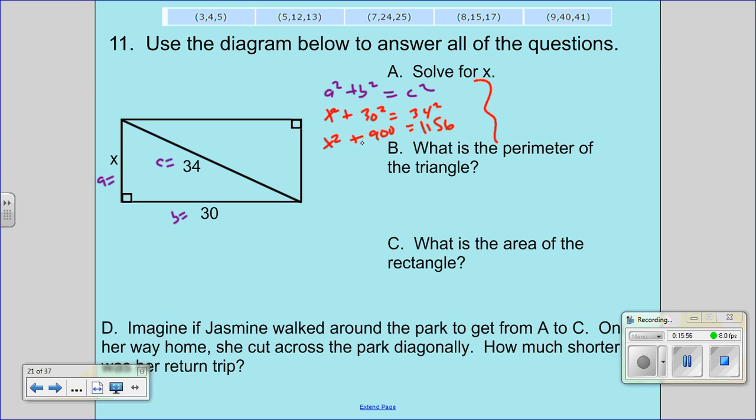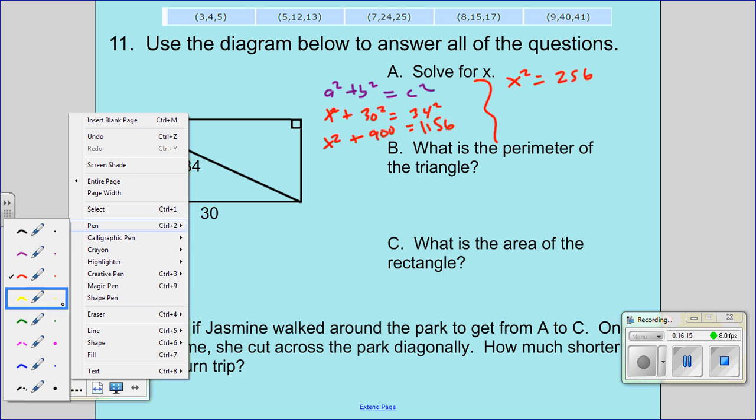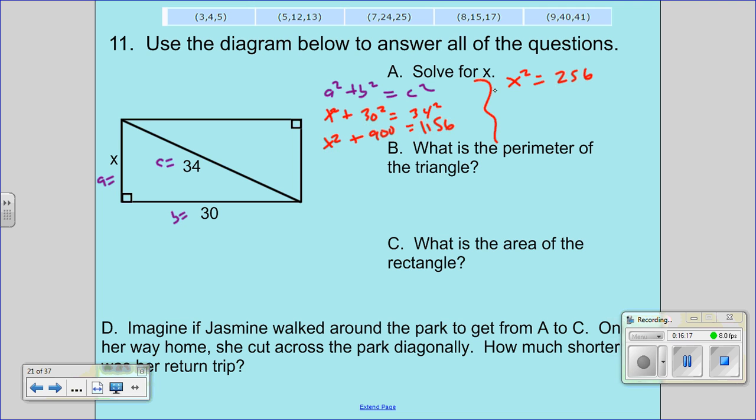So to get x squared by itself, I would have to subtract 900. So let's do that first. When I subtract 900, I should have 256. And now I have to take the square root of that. Well, square root of both sides.